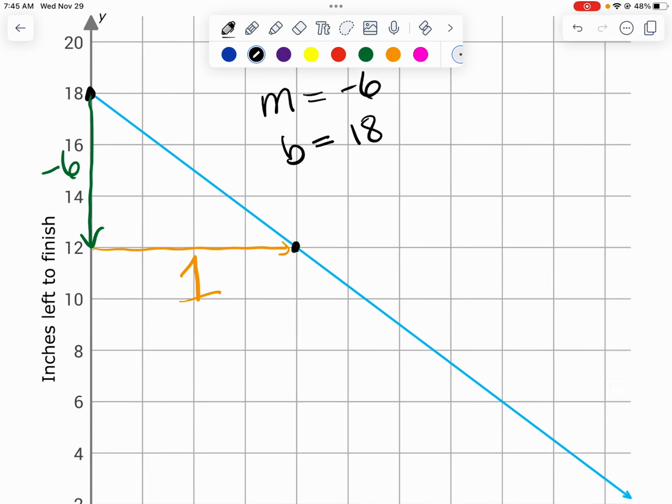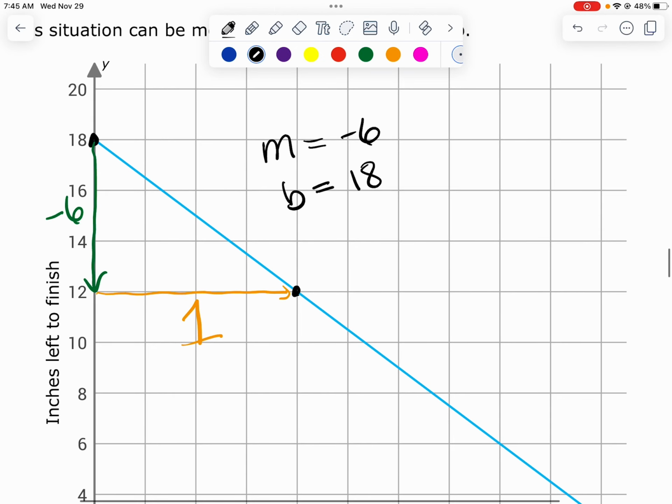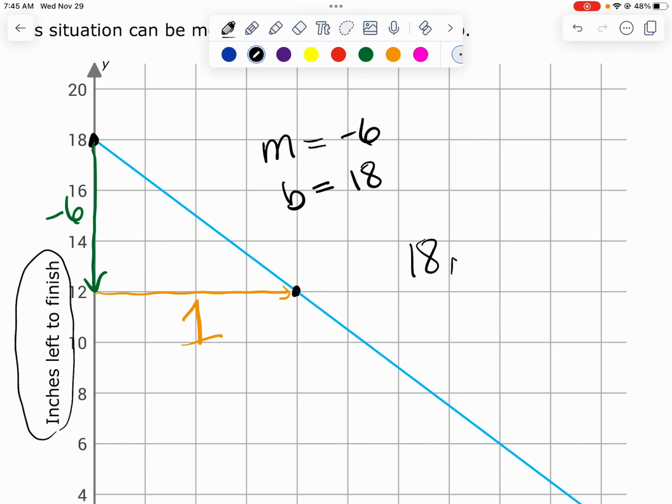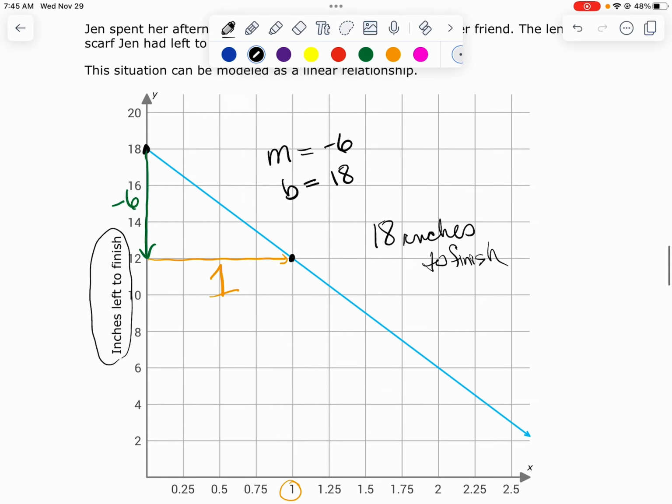Now, when I talk about slope, it says inches left to finish. So, starting off, she has 18 inches to finish. They're going by hours.